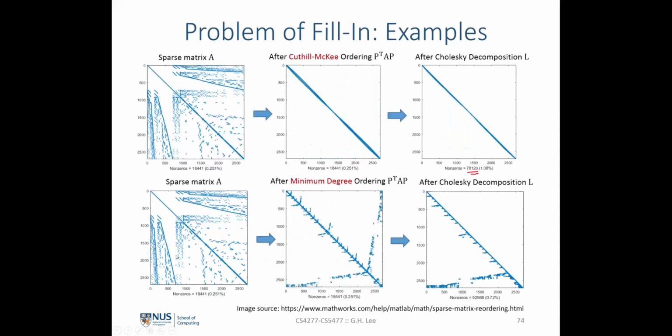Similarly, if we were to apply a minimum degree reordering on the sparse matrix, this is what we will get. We will still get the same number of non-zero elements because we are simply reordering the entries in the sparse matrix of A. And after applying Cholesky decomposition, we end up with 52,988 non-zero elements over here.